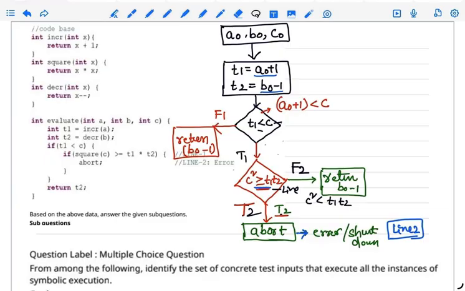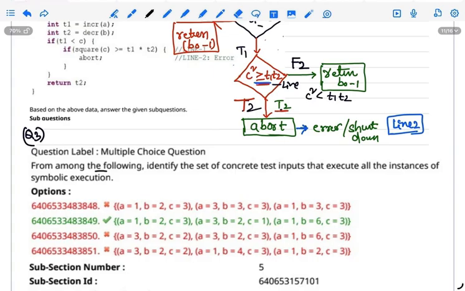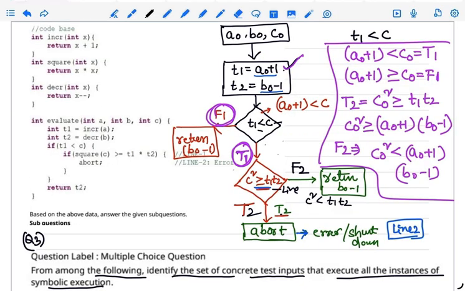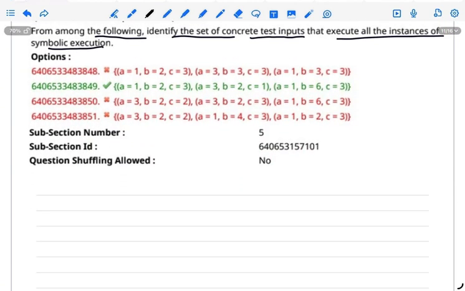So friends, this is an extension of the above question: from among the following, identify the set of concrete test inputs that execute all the instances of symbolic execution. So what are the instances of symbolic execution? There are 3 instances. The first one is F1, the false condition.